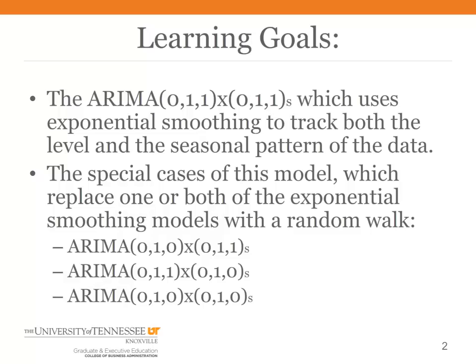And as before, there will be special cases of those exponential smoothing models in which the alpha value is set at 1, which gives you some models that use random walks to track either the level of the process or the seasonal pattern.